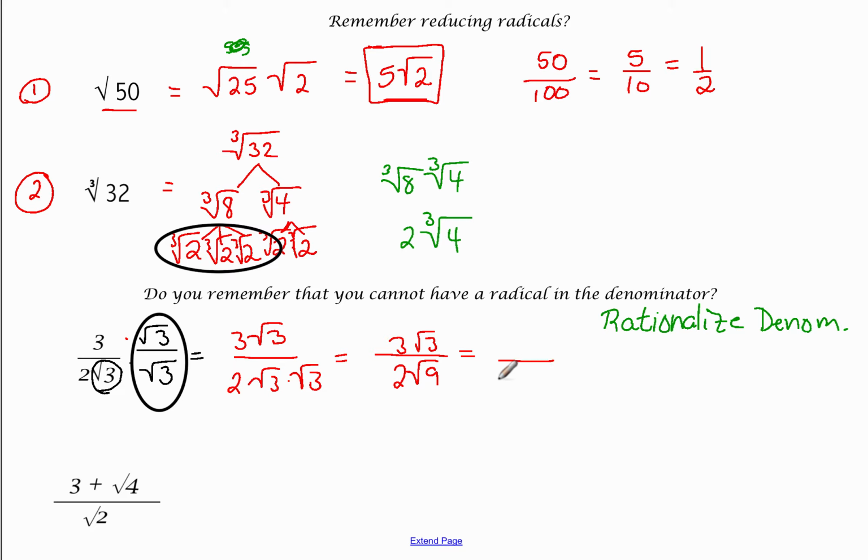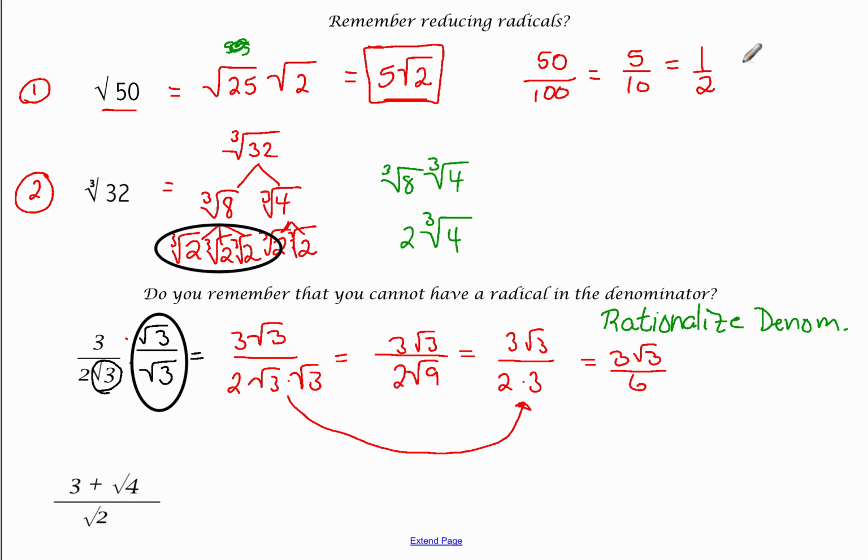Radical 9 is really 3. So it's 3 square roots of 3 over 6. Now hopefully you don't need that middle step. You realize radical 3 times radical 3 is 3. But let's look, we're not done.